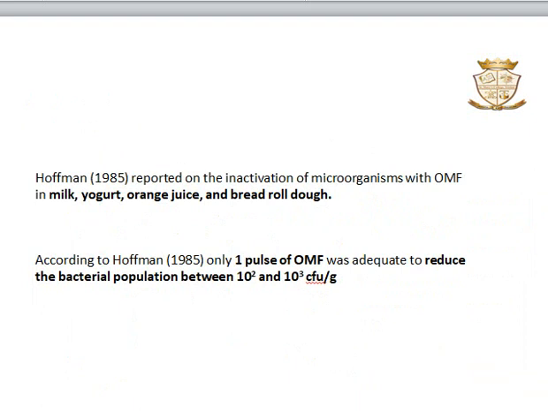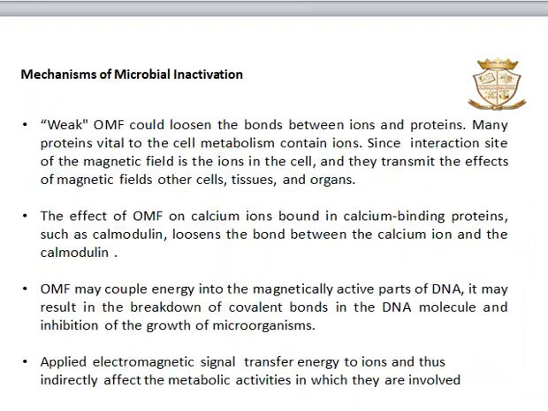From studies, we have seen the inactivation of microorganisms mainly in foods such as milk, yogurt, orange juice, bread dough, etc. And according to the studies, one pulse of OMF was adequate to reduce the bacterial population between 10 raised to 2 and 10 raised to 3 CFU per gram.